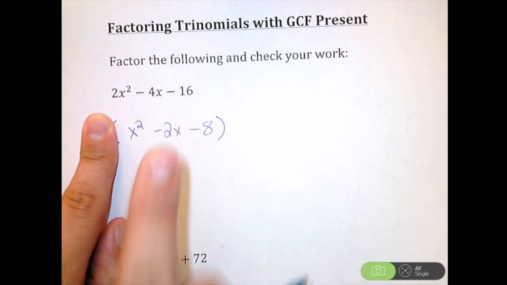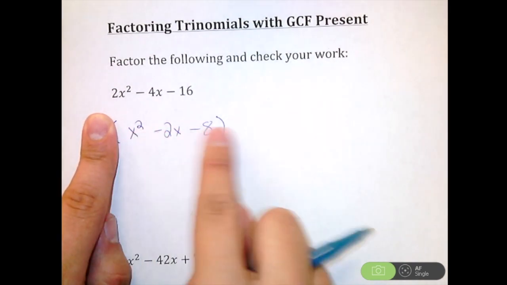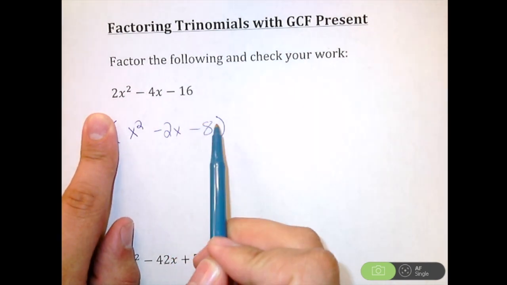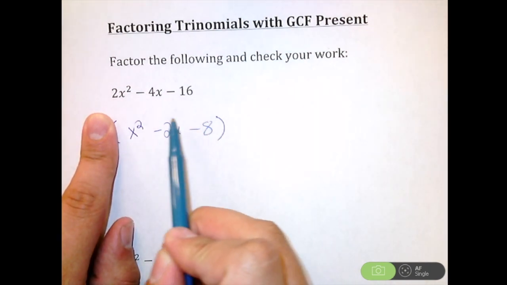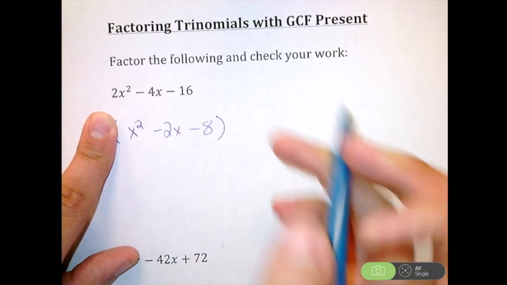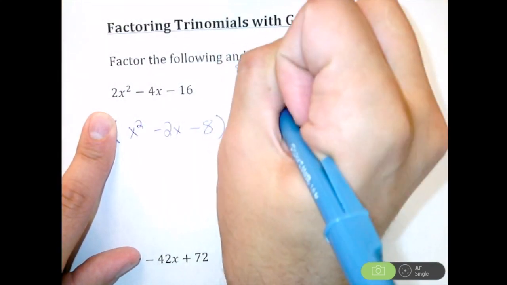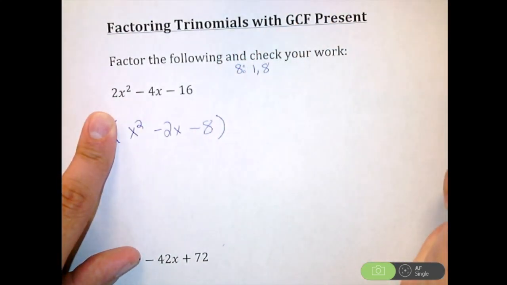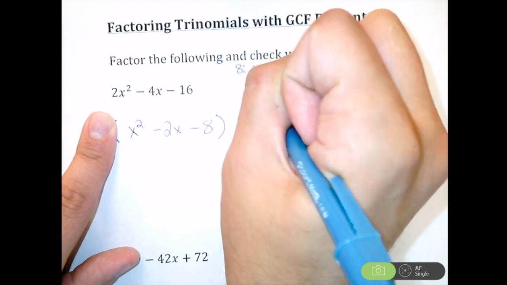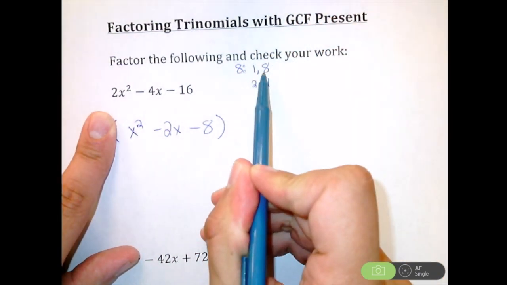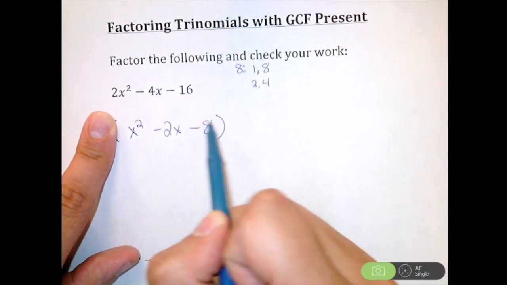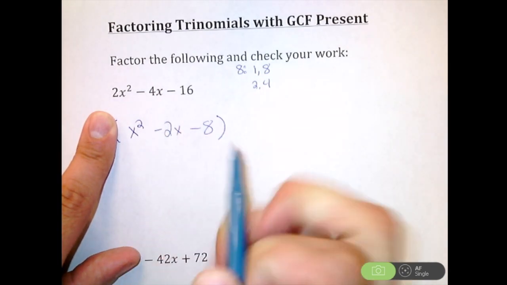At this point in time, you should be very, very good at factoring pieces like this. We're looking for two numbers that multiply to -8, but add to -2. If you still need to make the list of numbers that multiply to 8, that's 1 and 8, 2 times 4. So you look and see which of those pairs is going to allow you to multiply to -8, but add to -2.